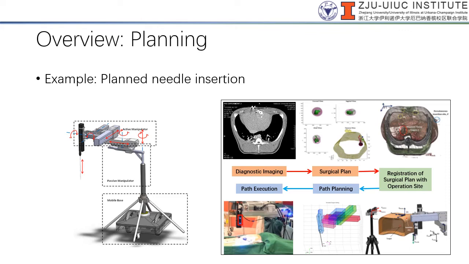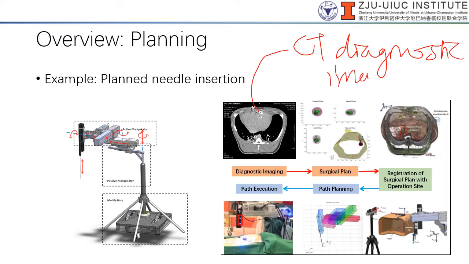And of course, planning is important because a lot of the time a robot is really good at executing a precise plan. In a case where we are able to integrate external information from imaging technology, in this case a CT diagnostic image, that helps the surgeon come up with a surgical plan on how to insert the needle to reach the target treatment area.